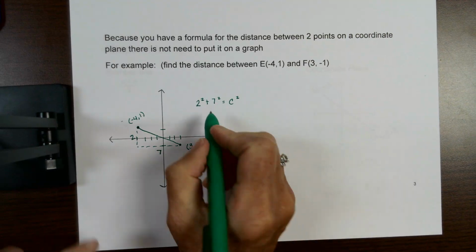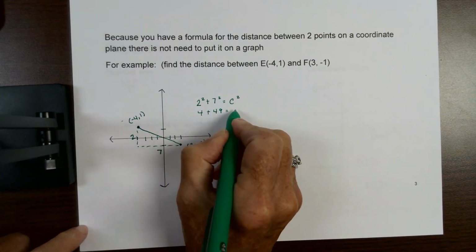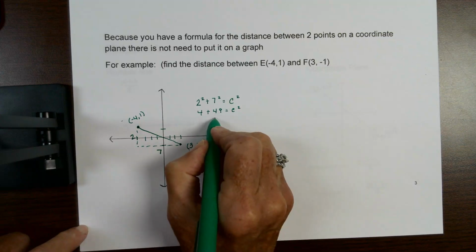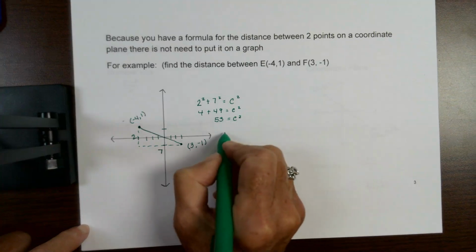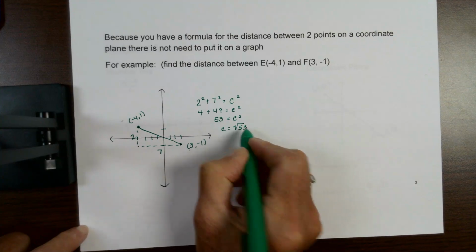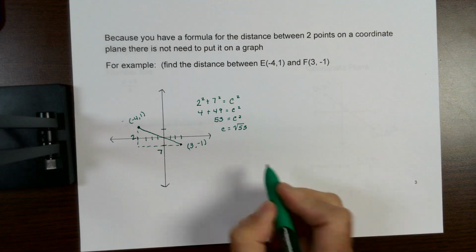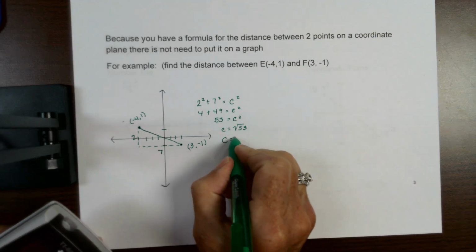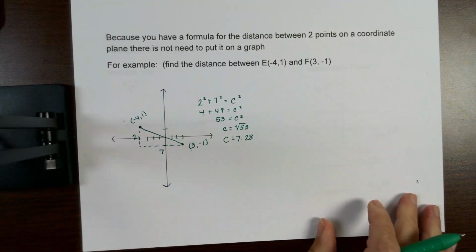So I've got 4 plus 49 is equal to c squared, or we can say this is 53 is equal to c squared. So c is going to equal the square root of 53, which is approximately, you can pull your calculator out, 7.28. All right, so this would be using the Pythagorean theorem.